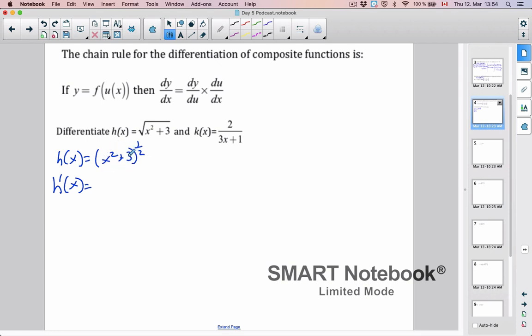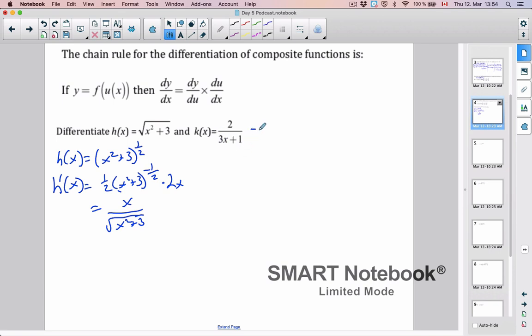So the derivative of something to the power of half is half times that function to the power of negative half, times the derivative of the function inside the function. The derivative of that is 2x. And we simplify, half times 2x is x. And this is x over root x squared plus 3.